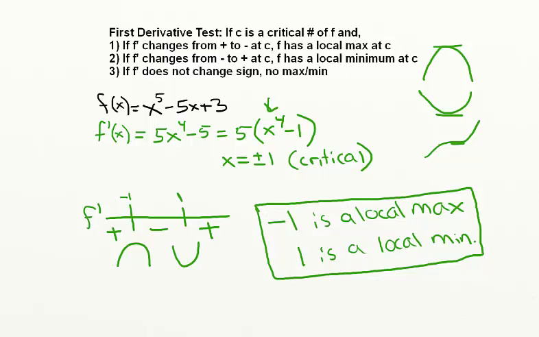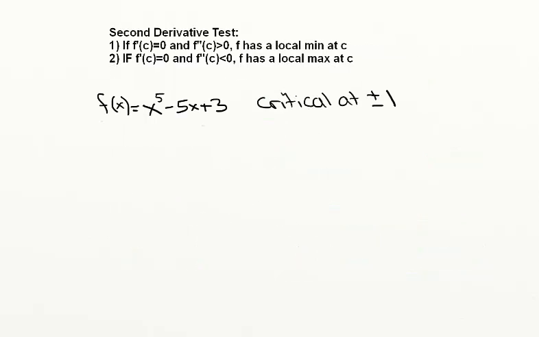Now we're going to try and do this with the second derivative test. Here's our second derivative test, and notice I've written down our critical numbers that we found in the previous section, because we have the same function.